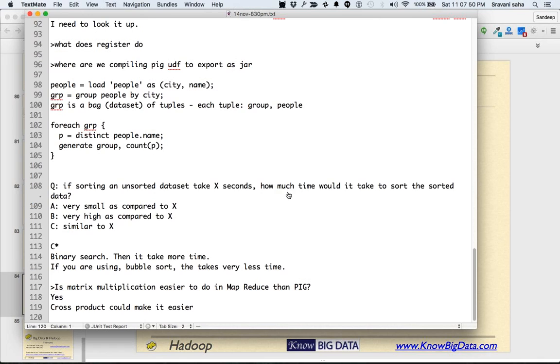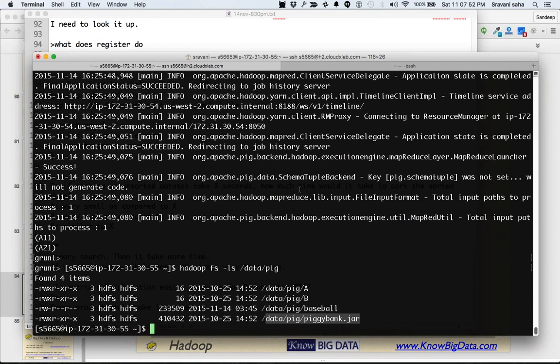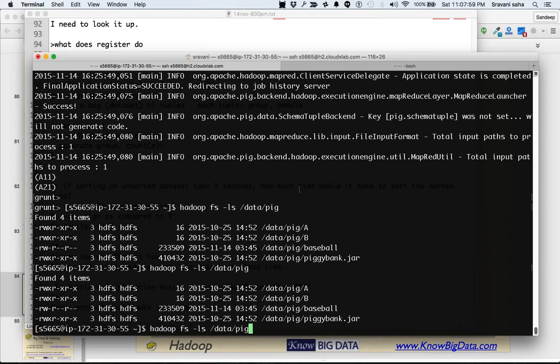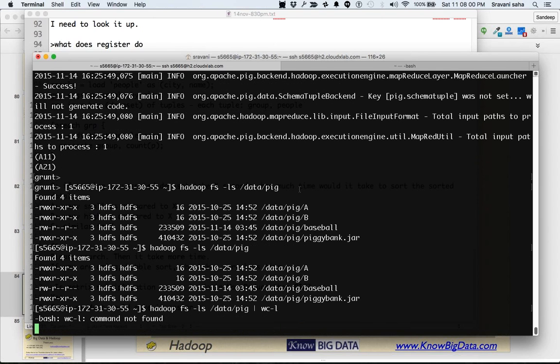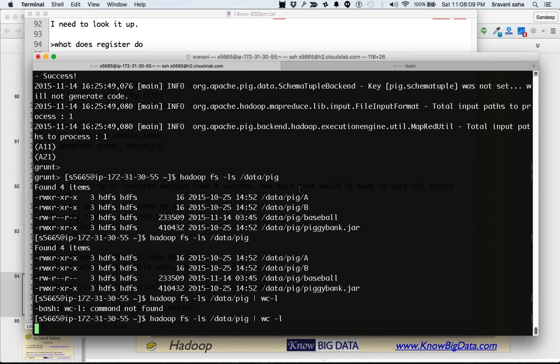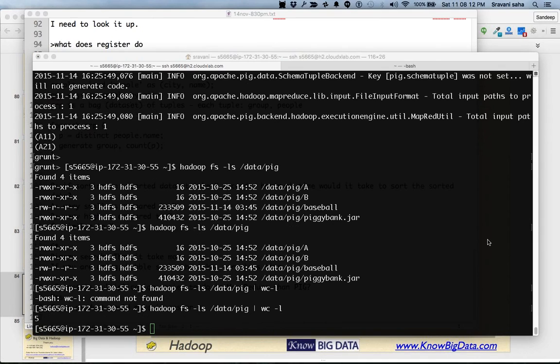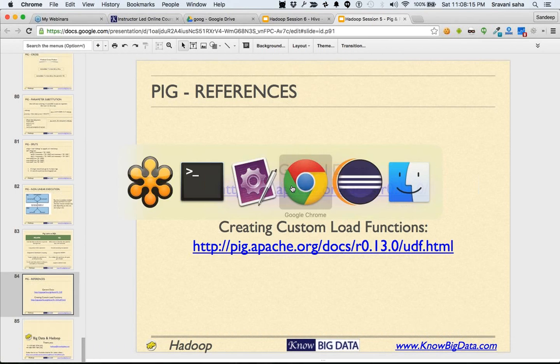Generally, whenever you are saying things like this, one way is to just pass it to wc -l. Is that what you need?